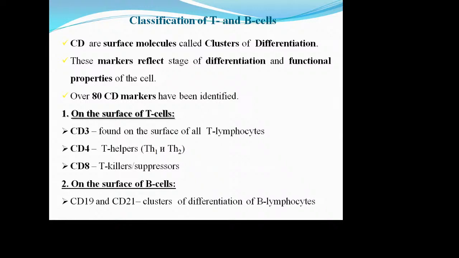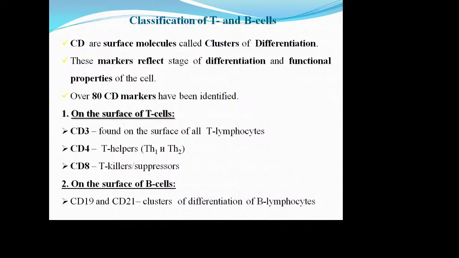They are specific markers that reflect the stage of differentiation and functional properties of the cell. What do I mean? Firstly, CD are glycoproteins, and there are some types of this glycoprotein present in T cells and B cells, and it provides their differentiation and their functions in the immune system.